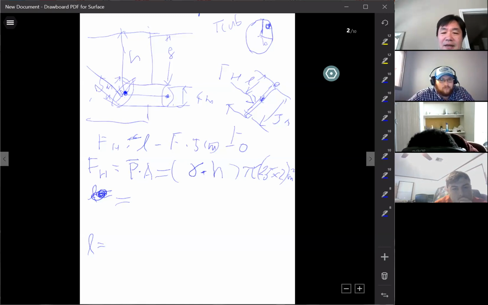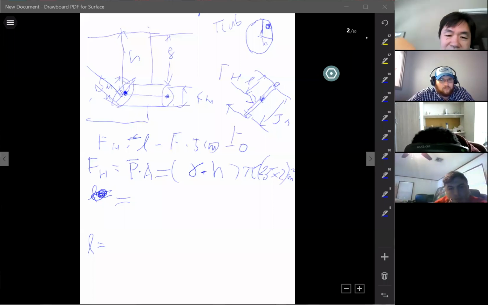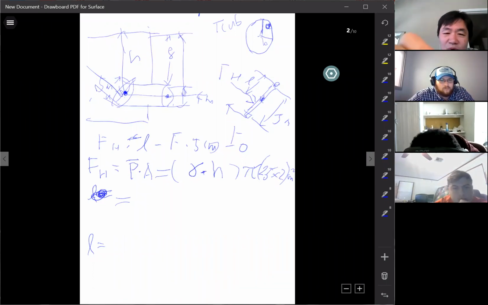So you're saying the y value for the centroid is 2 meters? I want to say from here to the surface. What is the distance from the centroid on the right surface to the water surface? It is 10. Is that also the 10 for H?